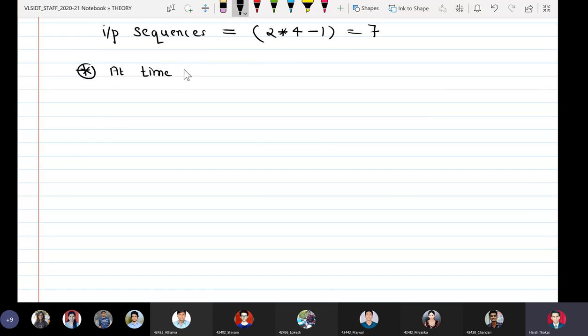So at time t equal to 1, we can apply 2 raised to 5 input combinations.